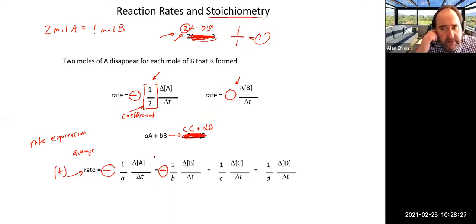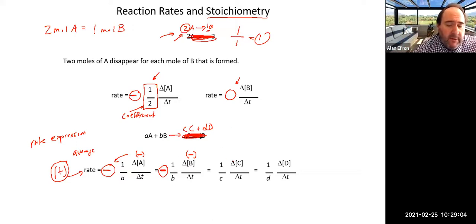Because the reactants are decreasing with time, their initial concentrations are always going to be larger than their final concentrations, which means when you do this part of the calculation for your reactants, this number is going to be negative. And with this extra negative up in front, that is going to turn the rate that you're calculating into a positive number. That's different than our products, which should be increasing with time.